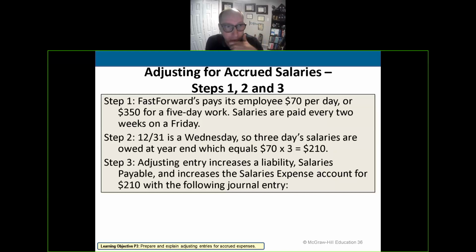So let's take a look at a similar example for wages. We have an employee who earns $70 per day or $350 for 5 days of work. Salaries are paid every 2 weeks. On December 31, which is a Wednesday, we have to recognize the accrual because the year is ending, the month is ending.